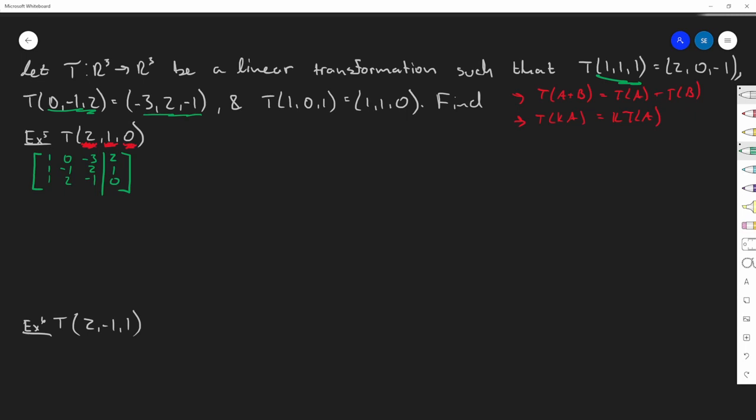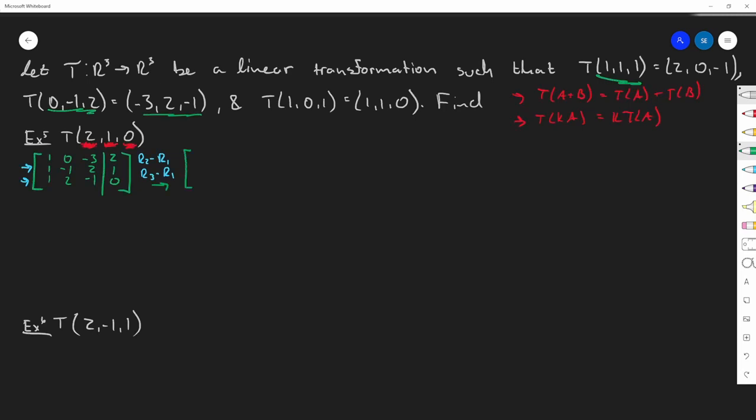So let's get started with putting this in row reduced echelon form. I am going to cancel out these ones, so it's going to be R2 minus R1 and then R3 minus R1.